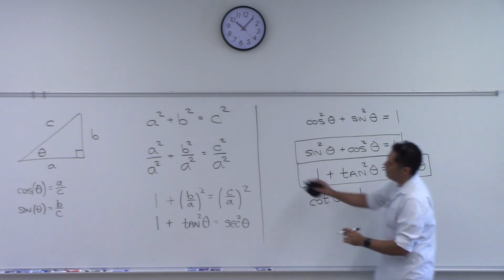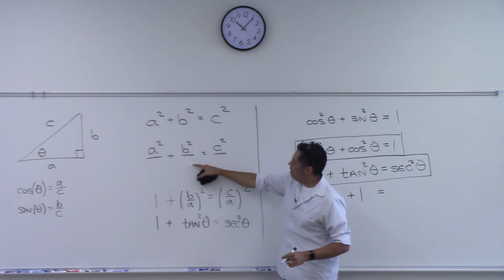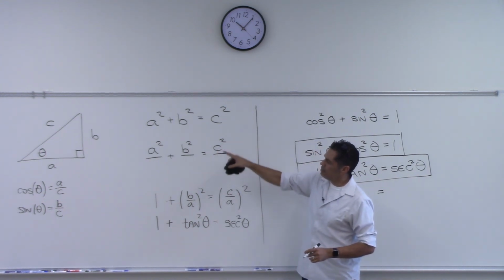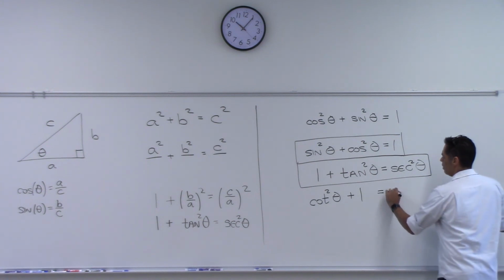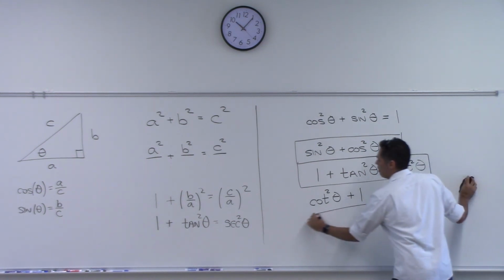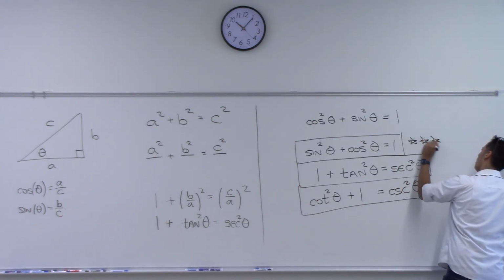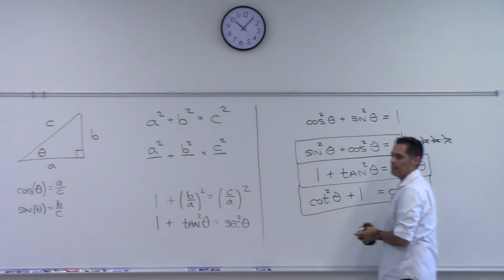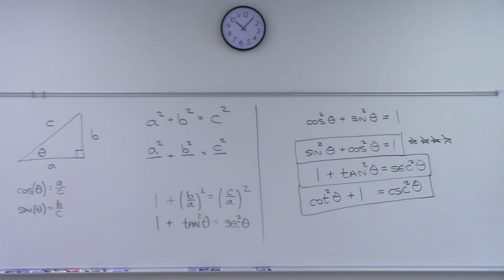Think about what would happen if you divided everything here by b squared. B squared over b squared is 1. C over b, what's c over b? Reciprocal of sine, so cosecant squared theta. Those are your 3, and this one again is by far the most important one. Sine squared theta plus cosine squared theta is 1 always and forever.